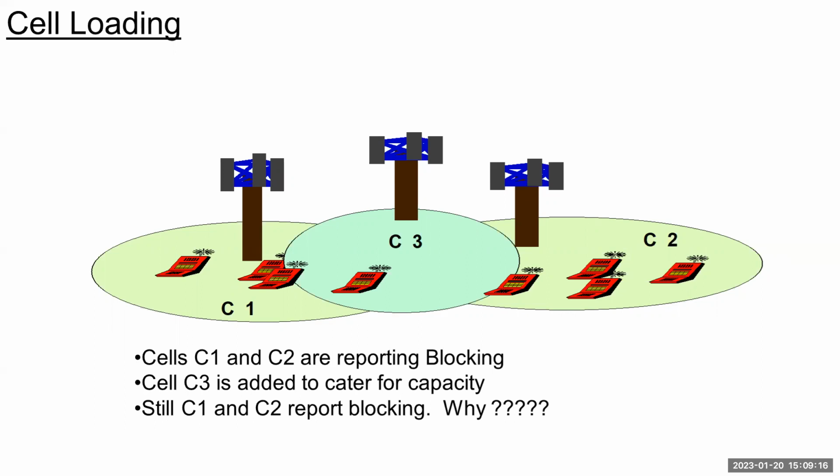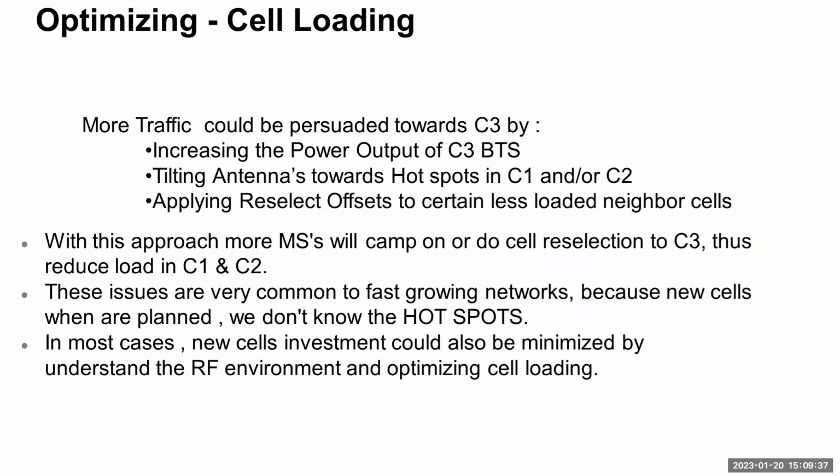Still, C1 and C2 are reporting blocking. Why? How can we change this scenario? C1 and C2 have higher traffic, and the C3 cell in between them has lower traffic. So how can we optimize the cell load between C1, C2 and C3 by using the cell selection and cell reselection parameters, so that one of the cells can be selected early and another can serve the far away users.